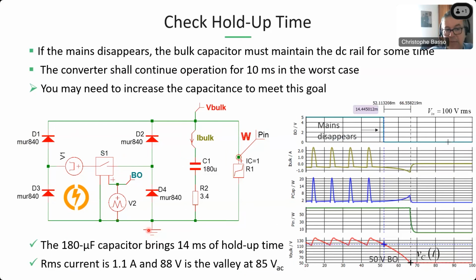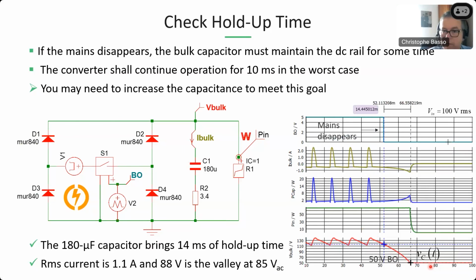And as I said, very often what matters, you see, we started with 100 microfarad, but in the end, for this design, I may adopt a 180 microfarad capacitor because I want a hold-up time long enough for providing the power when there is a drop in the input voltage.